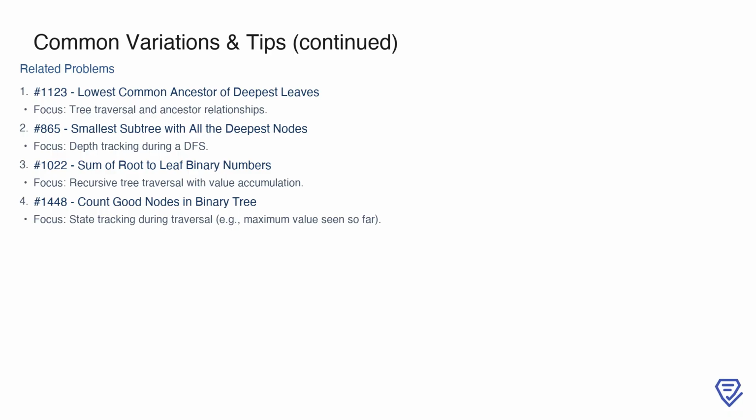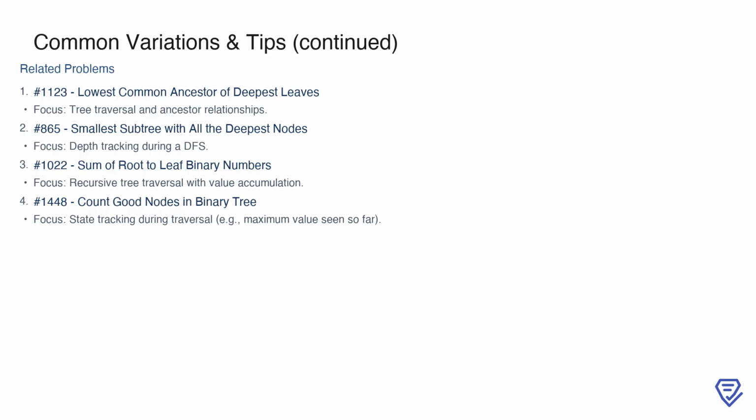Similarly, problem number 1022, sum of root to leaf binary numbers, emphasizes recursive tree traversal with value accumulation, and number 1448, count good nodes in binary tree, challenges you to maintain state during traversal by tracking the maximum value seen so far. Practicing these problems will strengthen your understanding of tree traversal patterns and state management, which are critical for solving this class of problems.